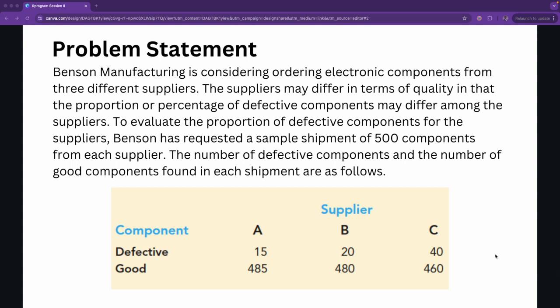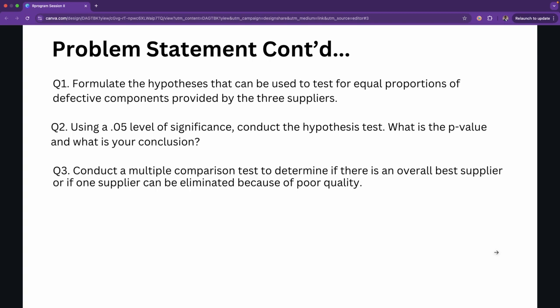Now, here are the questions that we have to look at. The first is to formulate the hypothesis that can be used to test for equal proportions of defective components provided by the three suppliers. So basically, we want to see if the proportion of defective components is equal across all three suppliers, right?